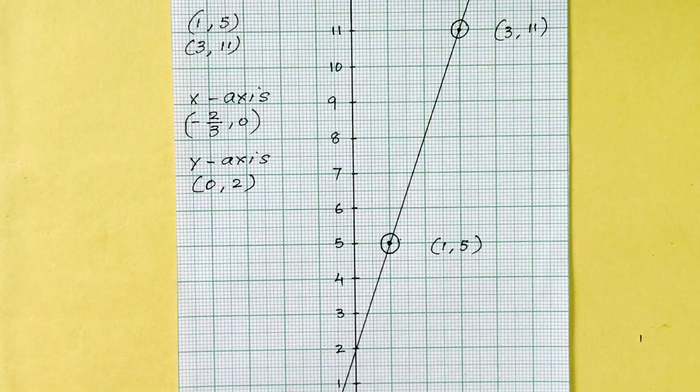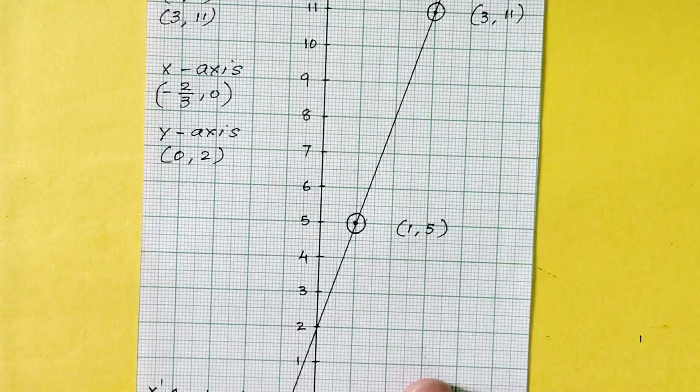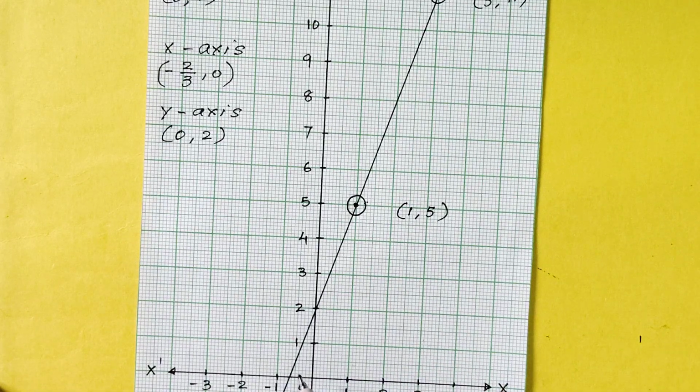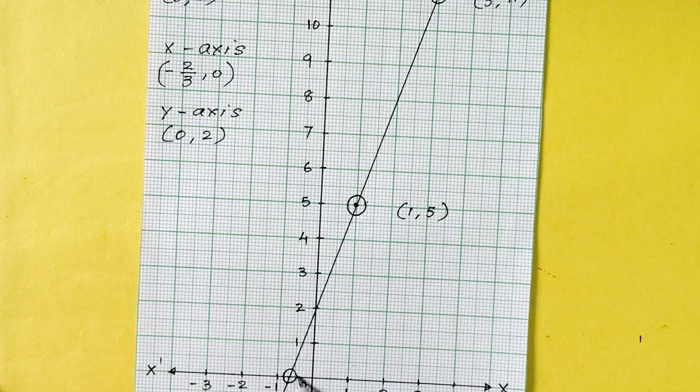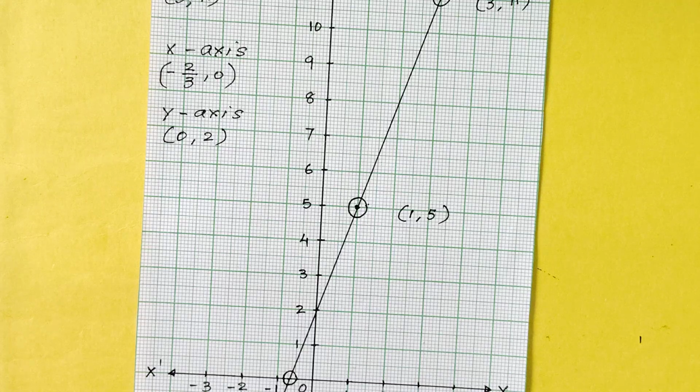So now we will see whether this answer is correct or not with the help of the graph. You can see now the graph cuts the x-axis at this point. So this point is minus 2 by 3. This is 2/3 of the space here.